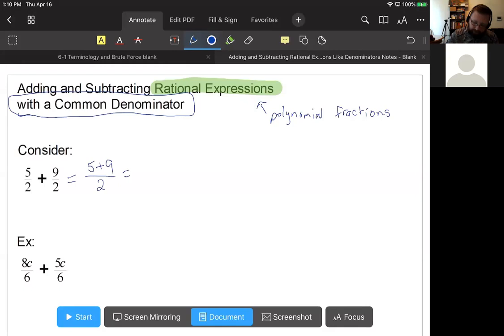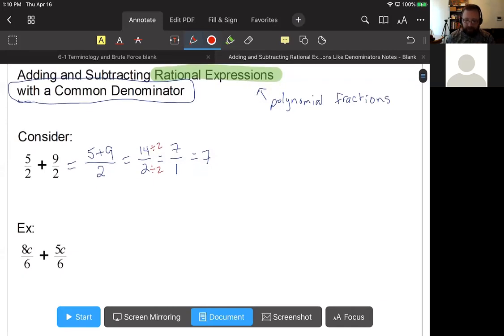Well, that would be 14 divided by 2, which reduces to 7 over 1, or 7, because both the top and bottom of that expression are divisible by 2. So we are required to divide by 2, and we never have to write a fraction over 1 as an actual fraction. So what we're doing today is we're adding together rational expressions, not just basic fractions.